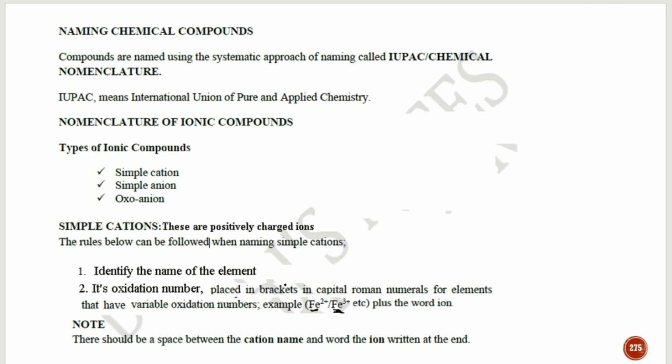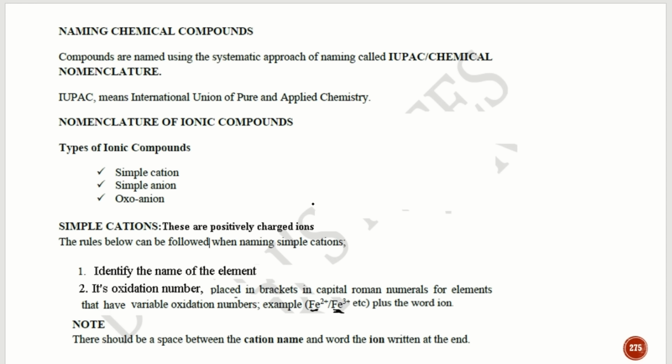So if we were asked to write the name for this compound, you should tell us the state of the iron, because the compound has more than one state. So you have to let us know which of the ions you are referring to. Are you referring to iron 2 or iron 3? But if the compound does not have a variable oxidation state, we don't write their oxidation state in capital Roman numerals and in brackets.